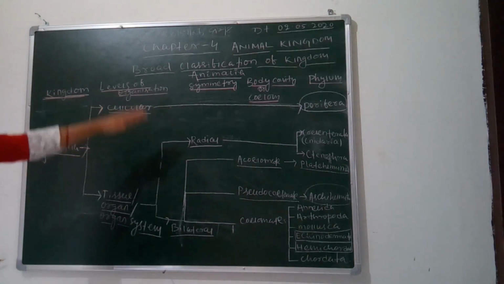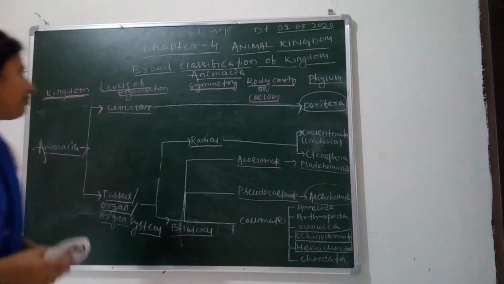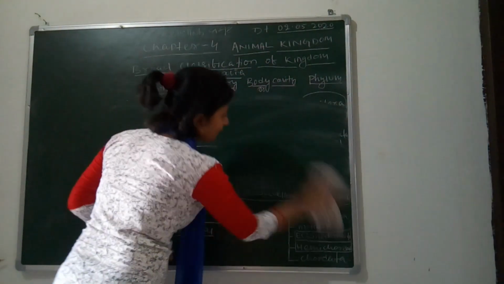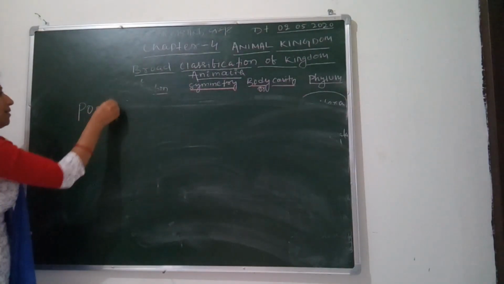So this is how the animal kingdom is classified. The first phylum of the animal kingdom we are going to study is phylum Porifera.